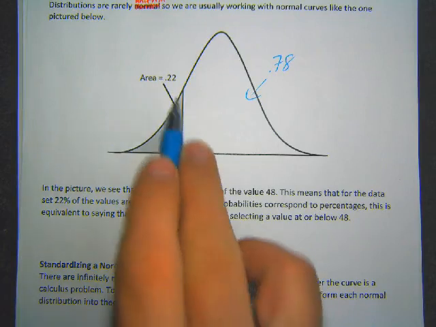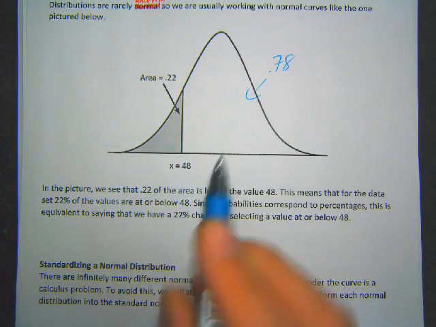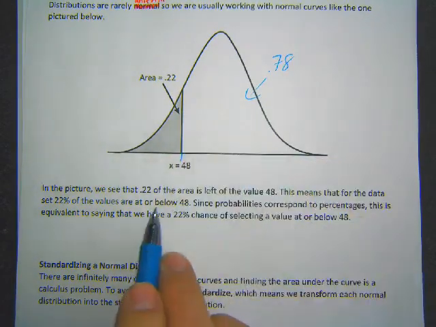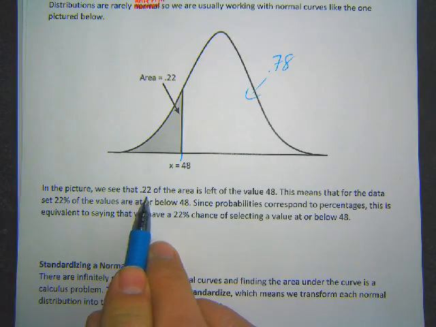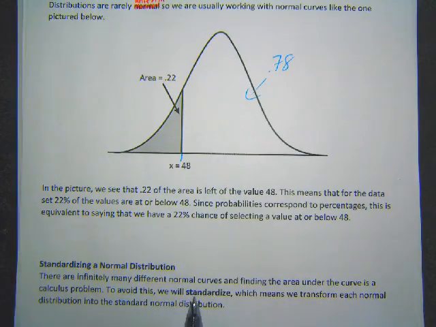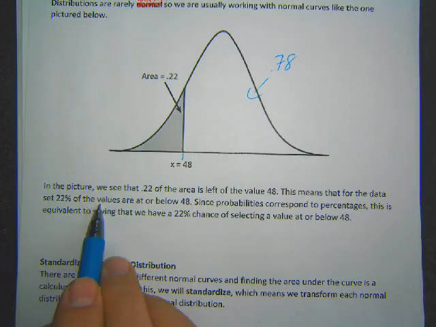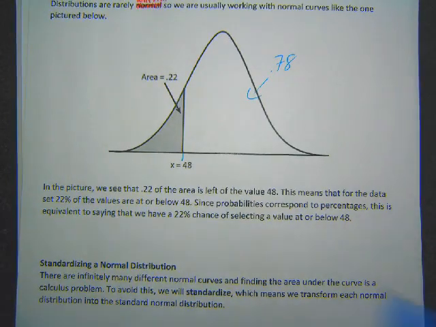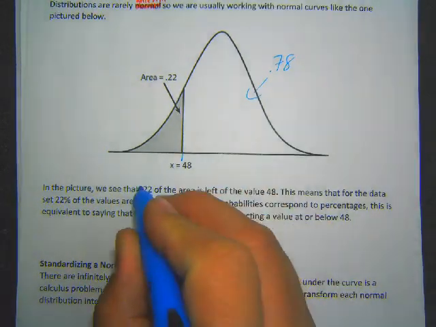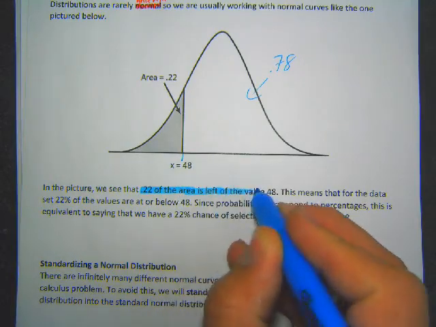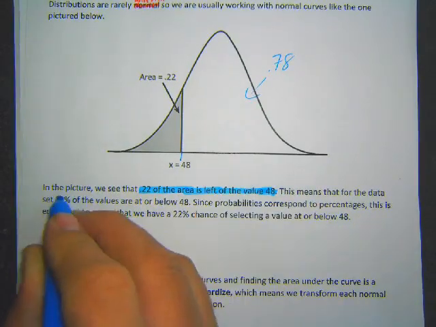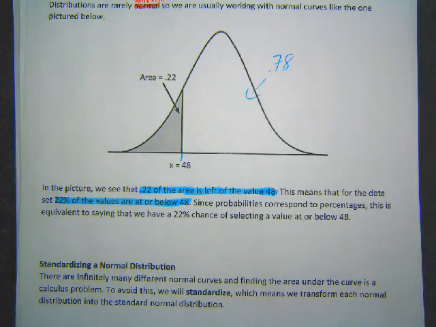Since this cutoff right here is 48, we can see that 22% of the area is left of 48. That means that 22% of the values are below 48. So because 0.22 is the area left of 48, then 22% of the values are below 48.